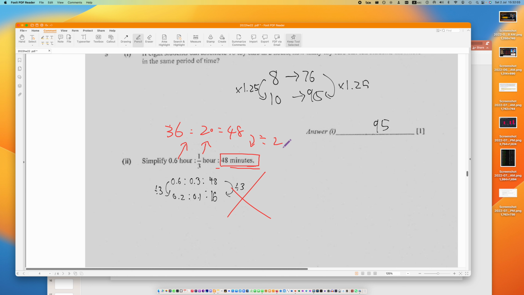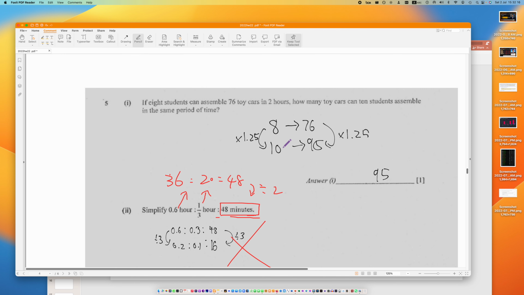Simplify until you cannot simplify further. So what's the simplest? 9, 5, 12.